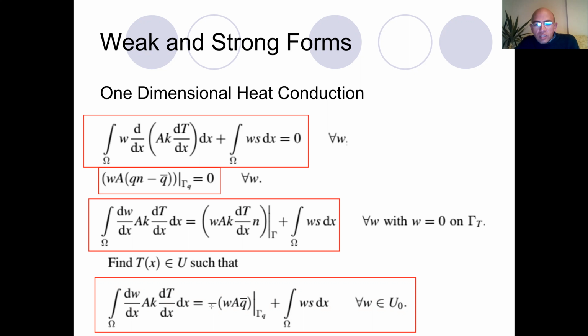On the right hand side, it is minus wA q bar over the boundary where the heat flux is given, q bar is the incoming heat flux, plus the integration of w multiplied by s over the domain omega. Now this is the weak form for the one-dimensional heat conduction problem.